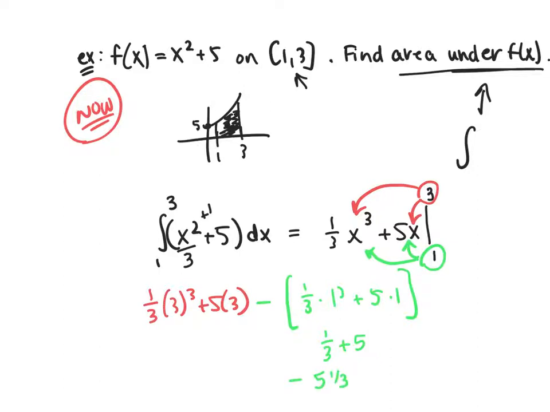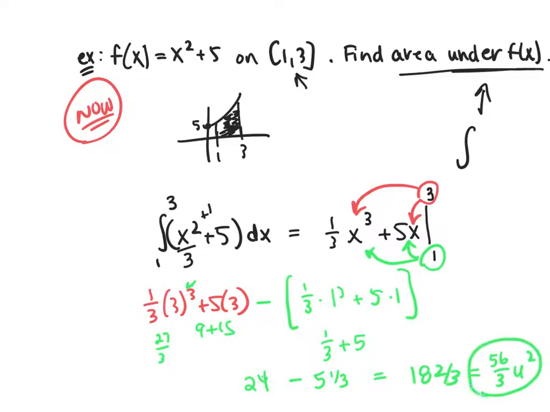And I'm going to subtract that off. 3 to the third gives me 27, and 27 over 3 is 9. So I have 9 plus 15, so I have 24 minus 5 and 1/3, so that's going to give me 18 and 2/3. Or I could even write that as 56/3. And that is units squared, square units.